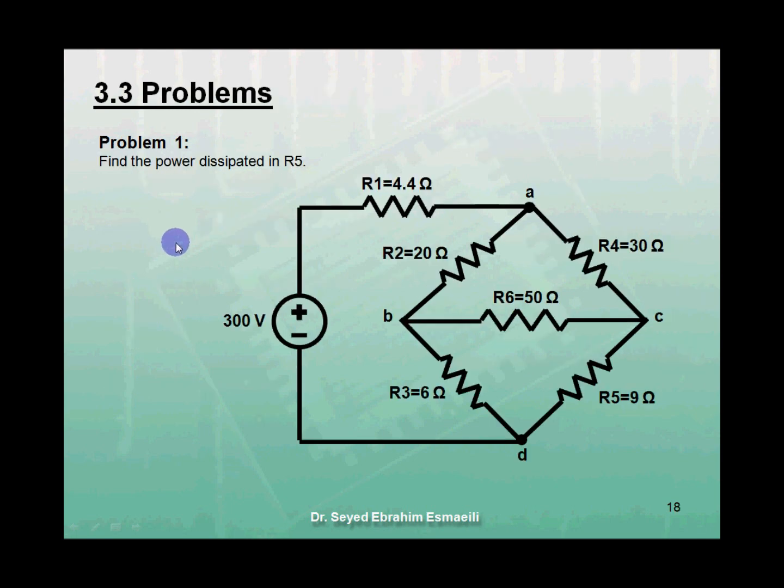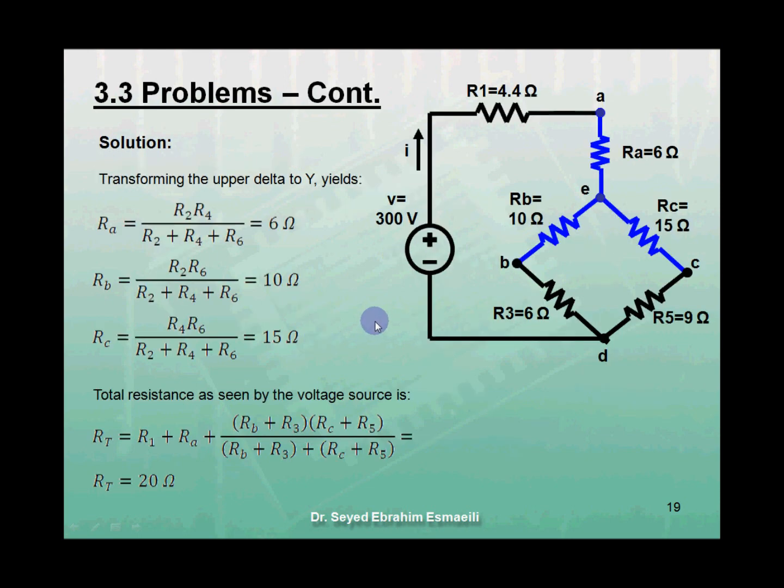In problem 1, we need to find the power dissipated in R5. In order to find the power, we need to find the current flowing through R5. By transforming the upper delta to Y, we get RA equals R2 times R4 over R2 plus R4 plus R6 equals 6 ohms.